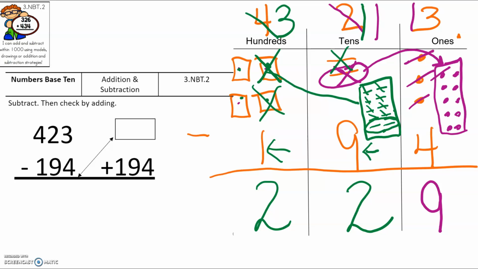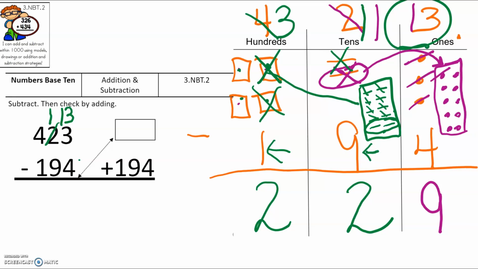To do it over here with just numbers and no picture, it's the same steps. I can't take away 4 ones from 3. So I go next door to the tens. That will leave me 1 ten because the other ten will be broken up into 10 ones. And I already had 3 of them, so it gives me 13 ones. 13 minus 4 is 9.